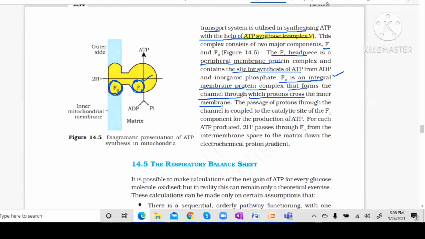Is it clear, beta? The passage of protons through the channel is coupled with the catalytic site, and for each ATP formed, two protons have to pass, down the electrochemical proton gradient, which I have already shown in the diagram.